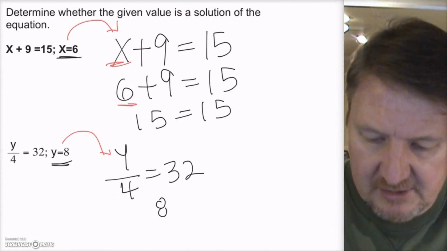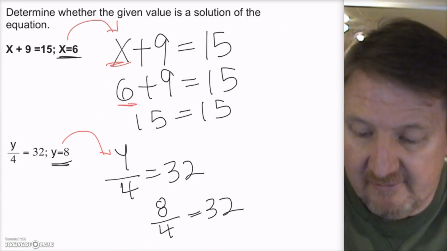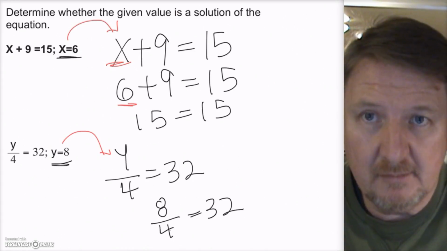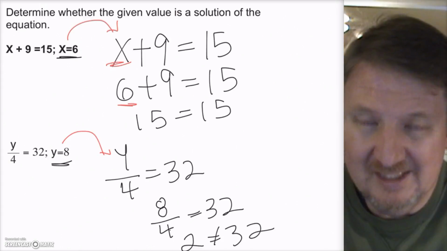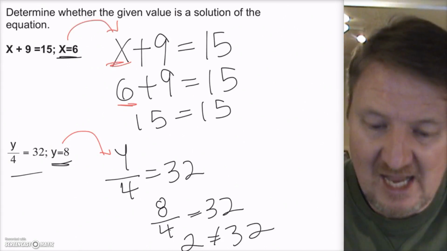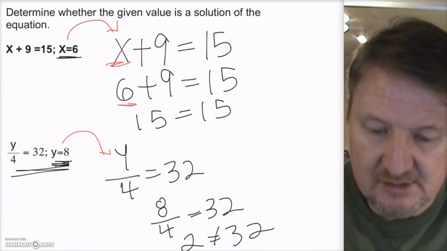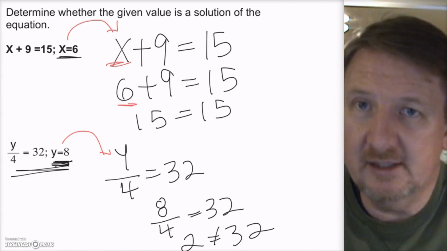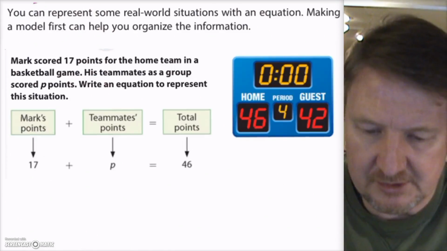So I have 8 over 4 equals 32. 8 divided by 4 is 2. So guess what? This does not equal. This is not a true statement when y is 8. It doesn't make a true statement. I hope you all see how that works.